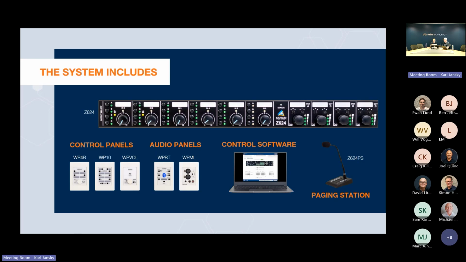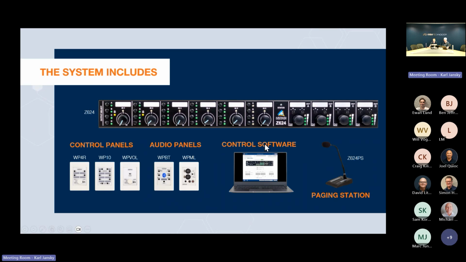The audio wall panels are designed to sit in the zone and send audio back to the Z624 from that remote zone. Again, we'll explain how all of that works later. But there is a Bluetooth wall panel, the WP-BT here, and a WP-ML, which stands for mic line. So you can have both microphone and line inputs that then are fed back into the Z624.